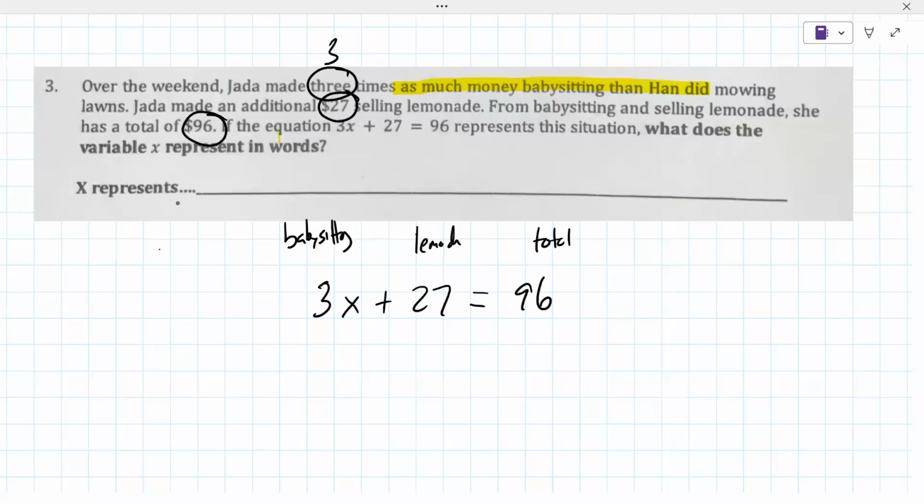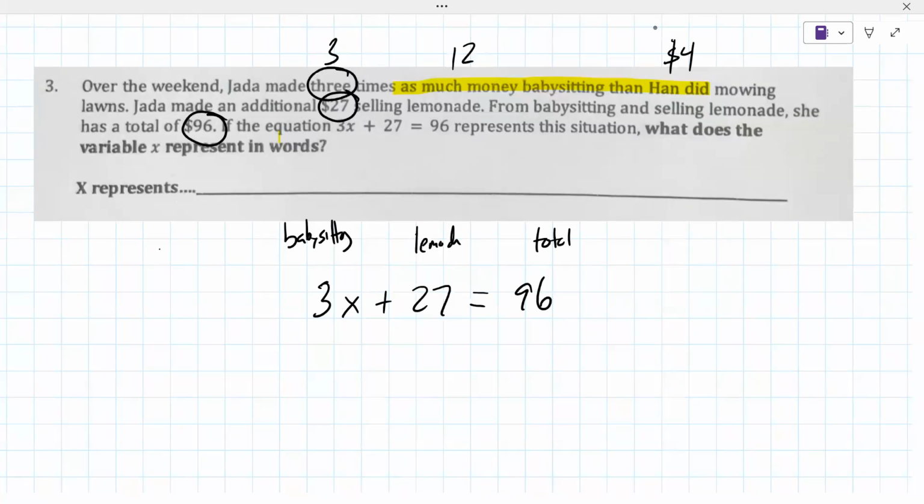How would you put that in your own words? Let's put a number. Let's say Han made $4. How much did Jada make? 12. 12, 3x, right?